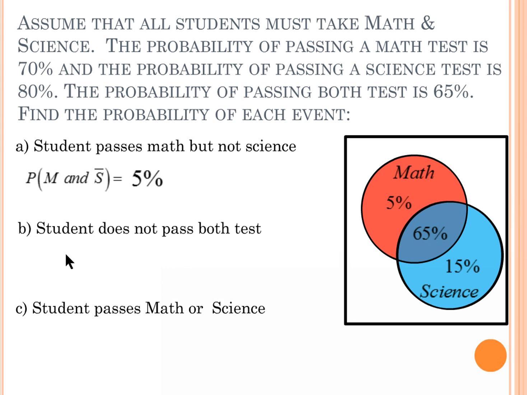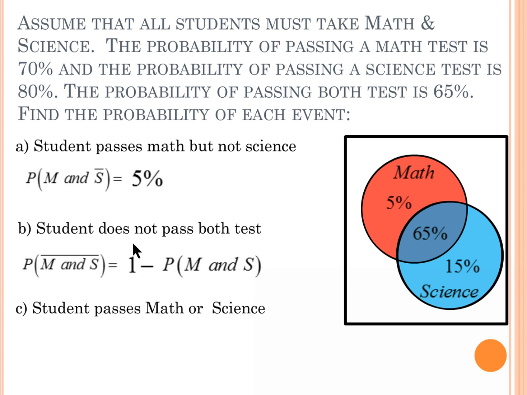All right, the next question. Student does not pass both exams. So what's the probability of not passing math and science? For this problem, we can use the complement principle, and that's the same thing as 1 minus the probability of math and science.